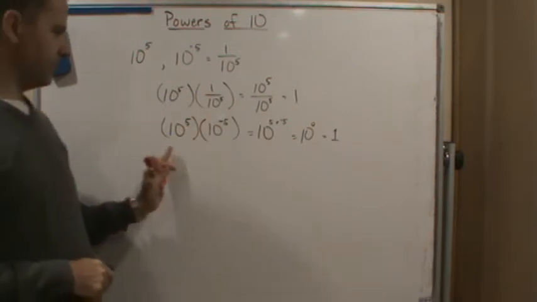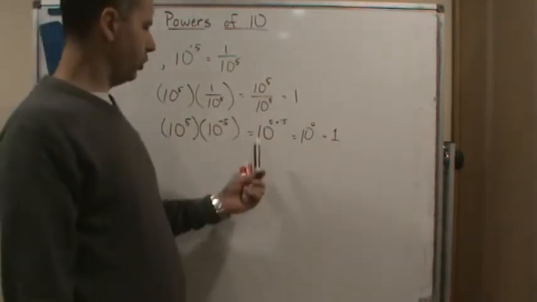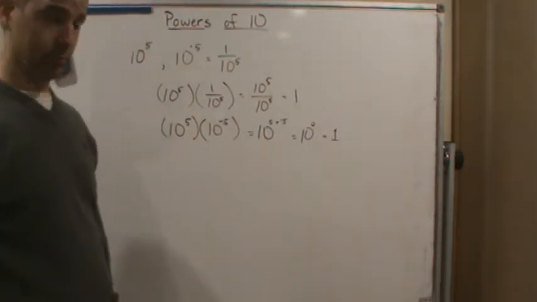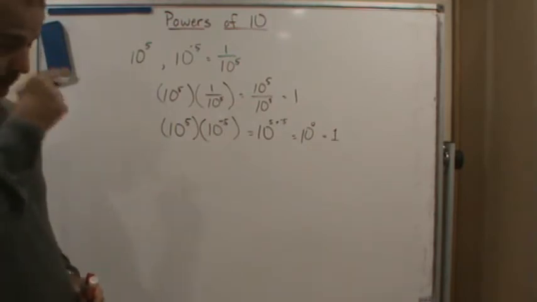This is a property of exponents that you're going to want to use: whenever you have two exponentials being multiplied together, you add the exponents.